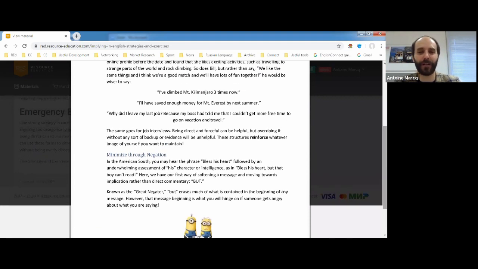This is a lot of fun. The word but, we call it the great negator. So there's a very natural, very fluent way of implying criticism in English: say a very positive thing first, follow that with but, and finally say what you really want to say.